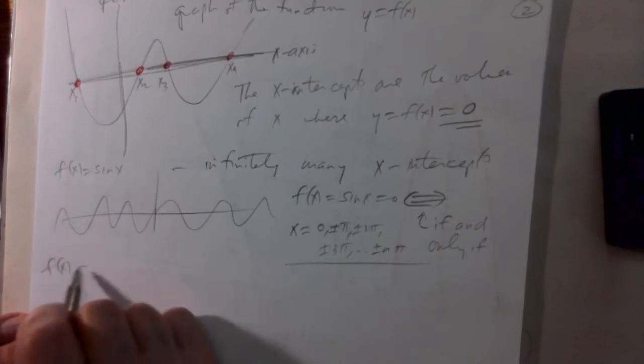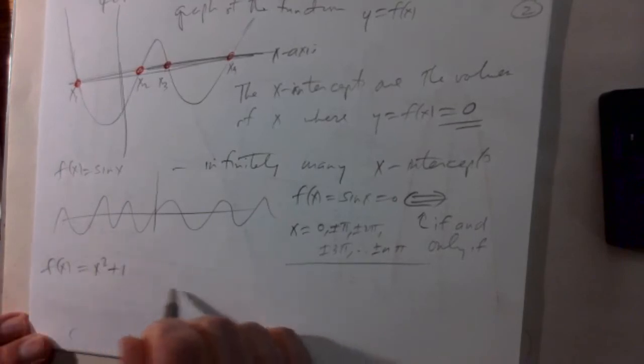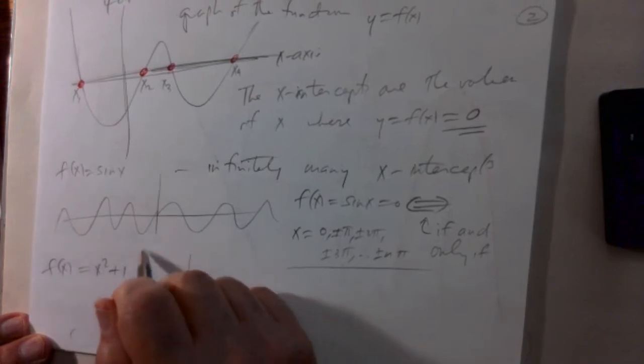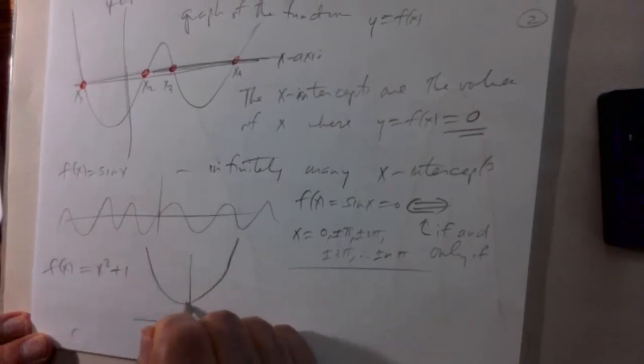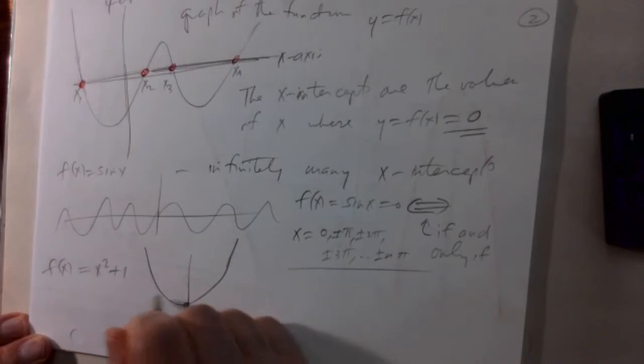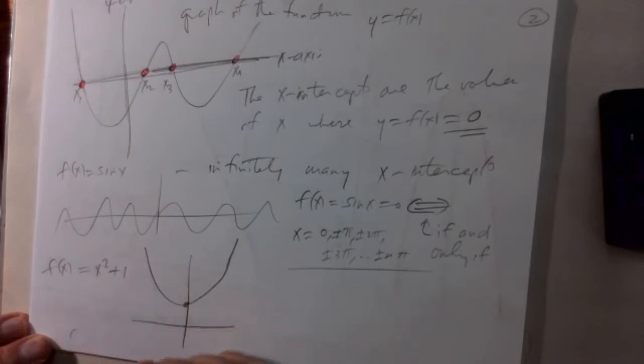If you take the function f of x equal x squared plus 1, that's a parabola you know and love. It looks like this. It's the normal parabola y equal x squared moved up by 1.